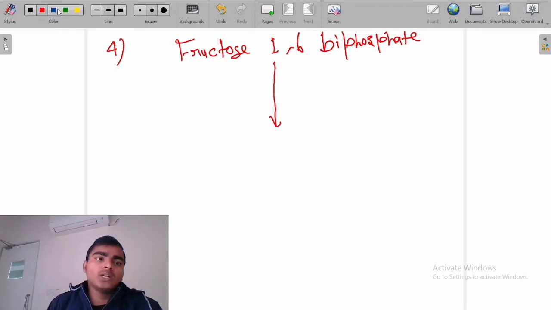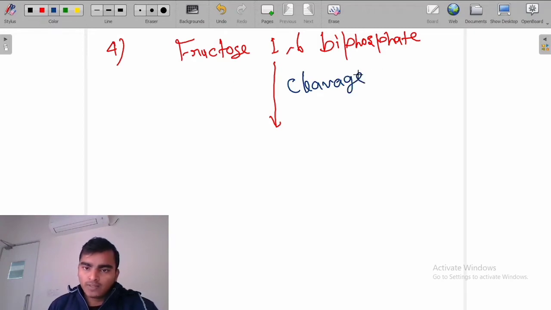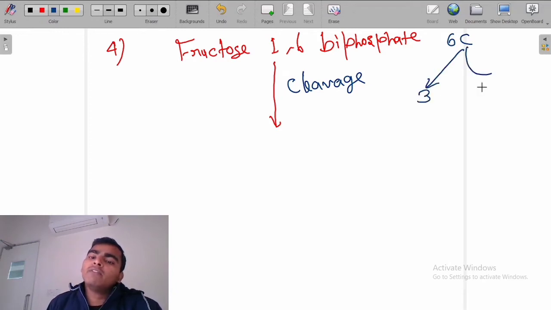This step is known as cleavage, because there is a complete breakdown of fructose 1,6-bisphosphate, which has a total of 6 carbons. When there is a cleavage of this 6 carbon compound, we get 2 compounds with 3 carbons each.